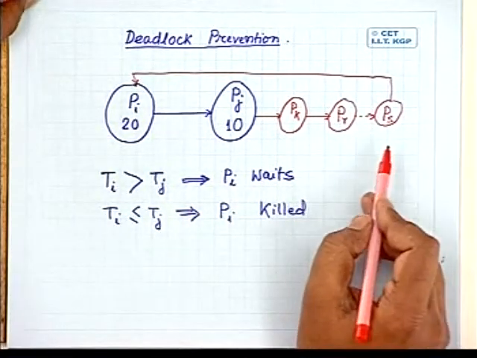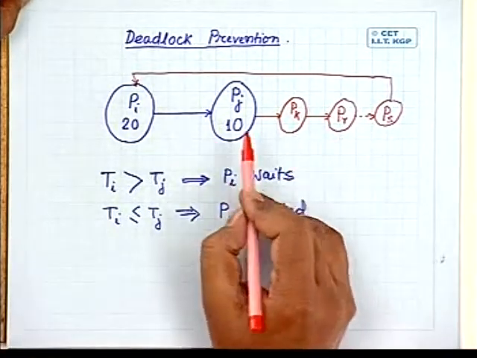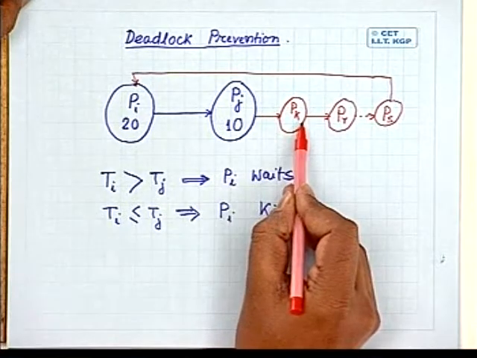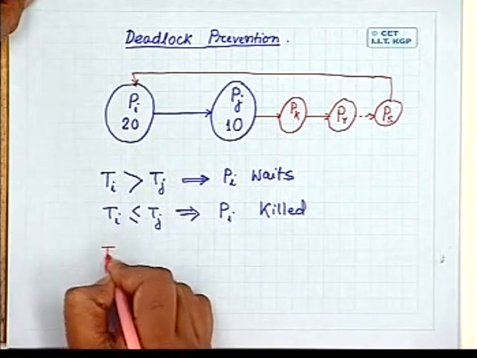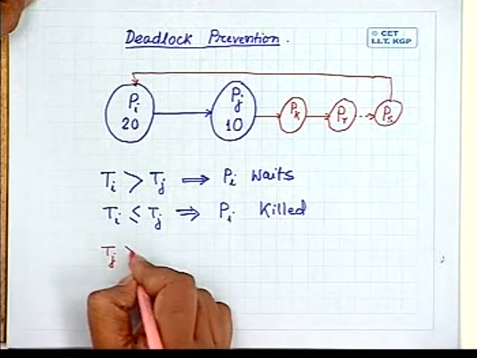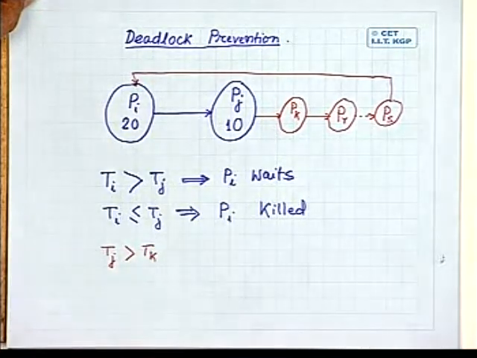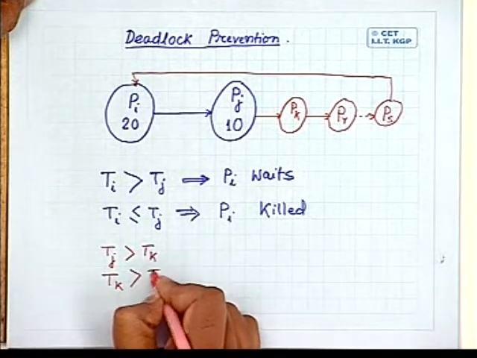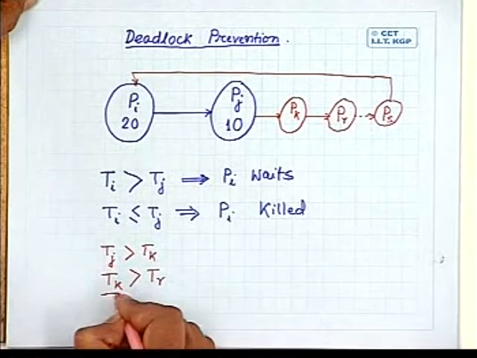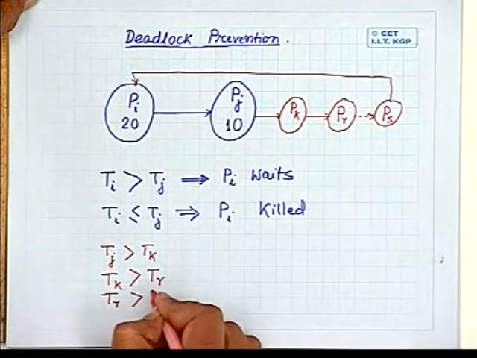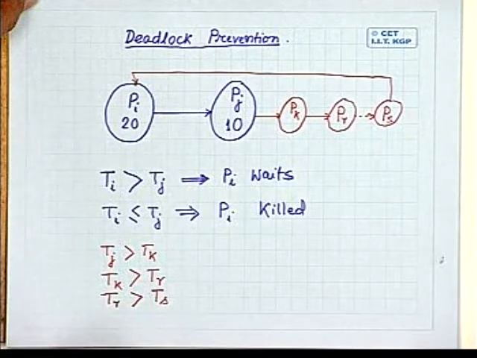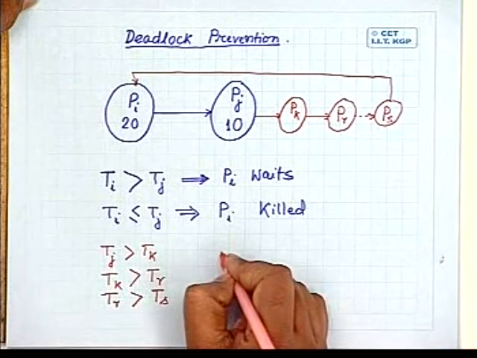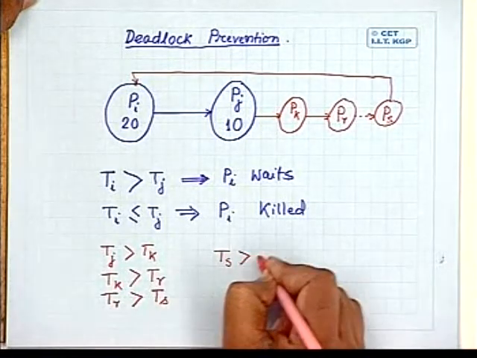If there is such a circular wait condition, then Tj will be greater than Tk, Tk will be greater than Tr, Tr will be greater than Ts. And finally, because Ps is also waiting for Pi, Ts will be greater than Ti.